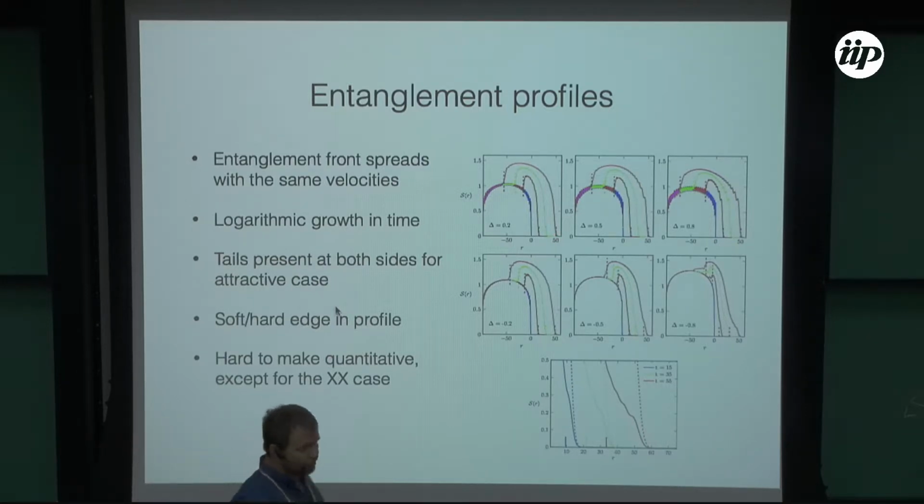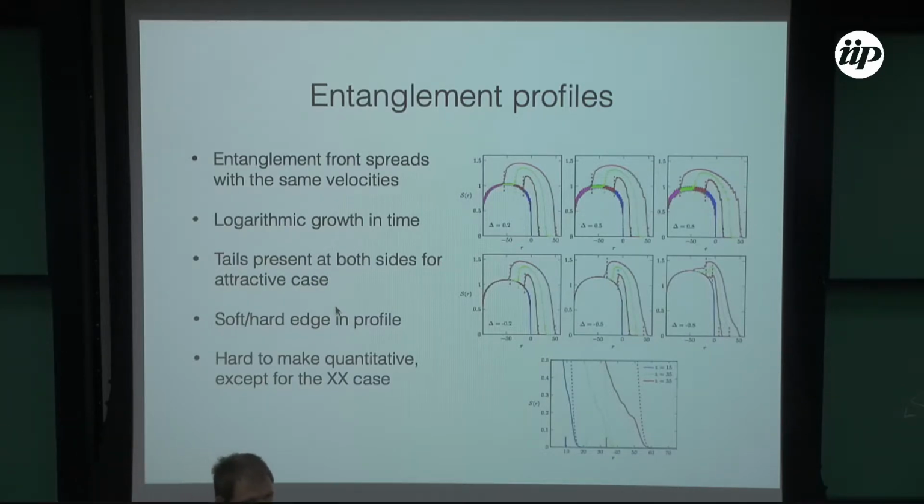This has already been studied, at least if you cut in the middle, by Vincenzo and Fabian Heidrich-Meisner, and they already saw that the growth in time is described by a logarithm, okay? So it's not a linear increase of entanglement, but some logarithmic increase. So now the problem is that whenever you want to apply the particle picture to entanglement, it will only give you linear growth, okay?